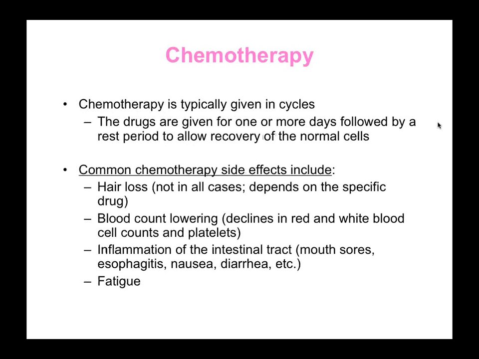Chemotherapy is typically given in cycles, and the drugs are given for 1 or more days, and then there's always a rest period, and this is needed to allow recovery of the normal cells.